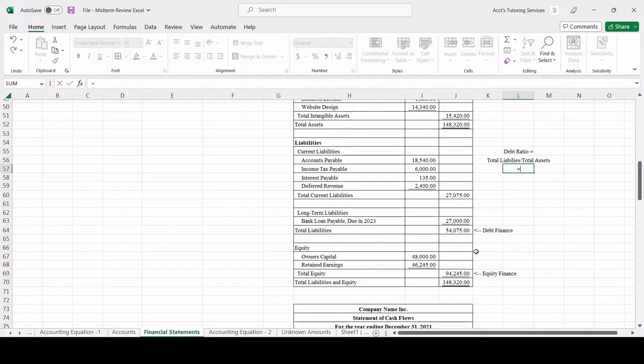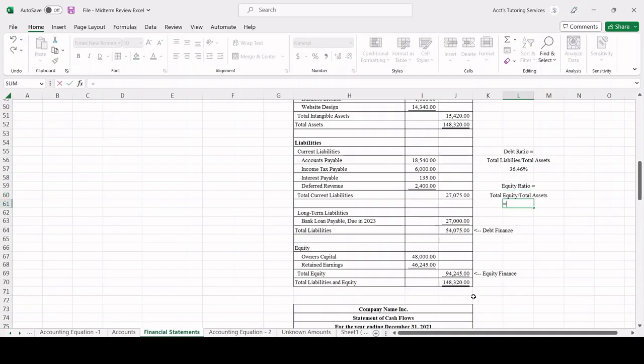So total liabilities is 54,075 divided by 148,320, which is 0.3645 or 36.46%. Then we calculate the equity ratio, which is total equity divided by total assets.